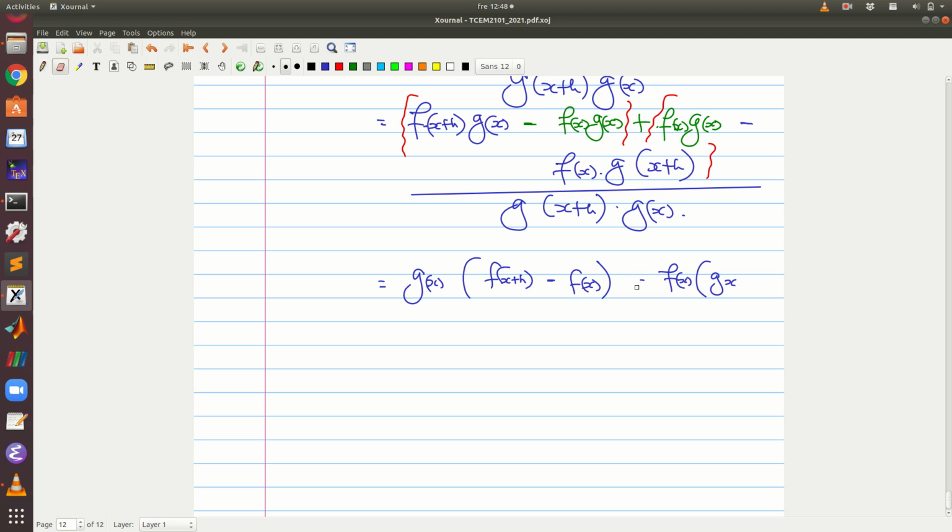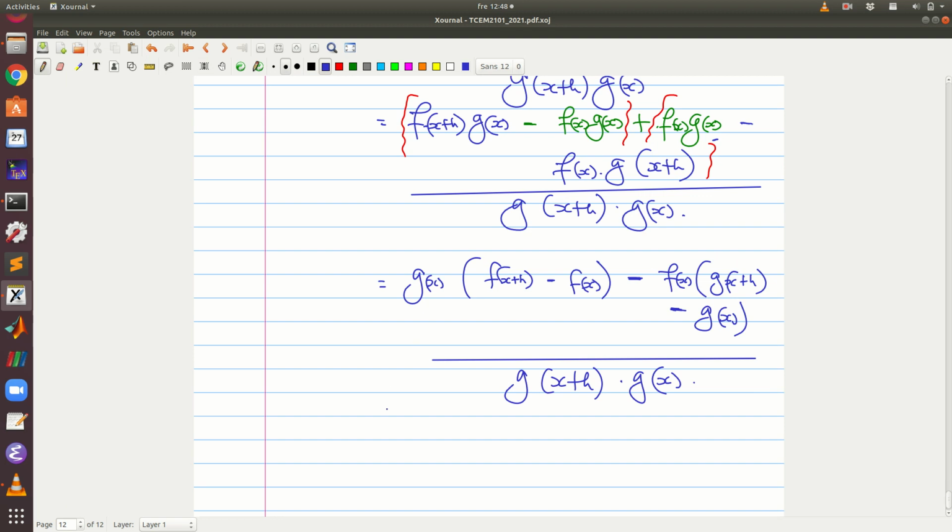Okay, so perhaps we put the negative outside here, so we have f of x, and then we have g of x plus h. This is the negative term, and then since this term is the positive, we shall have minus, what have we factored out? We have factored out f of x, so okay, here we have g of x. Okay, and then this we divide by g of x plus h times g of x.